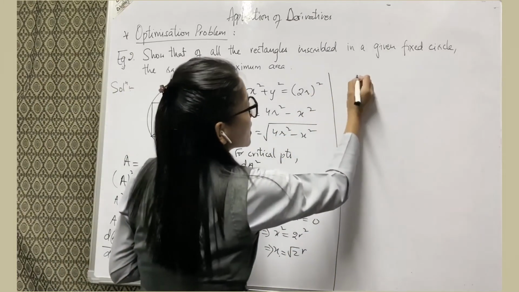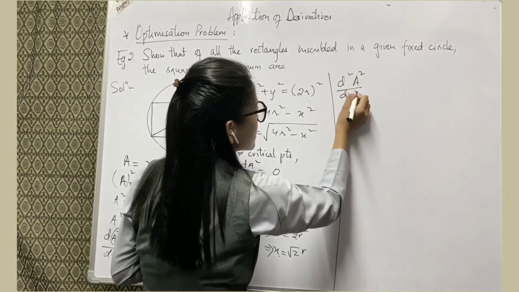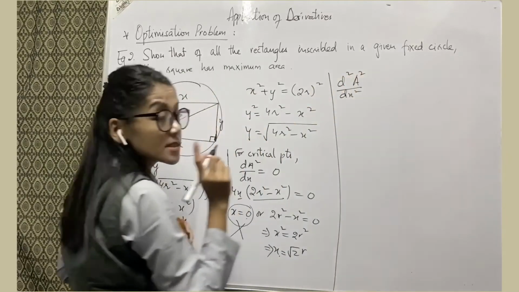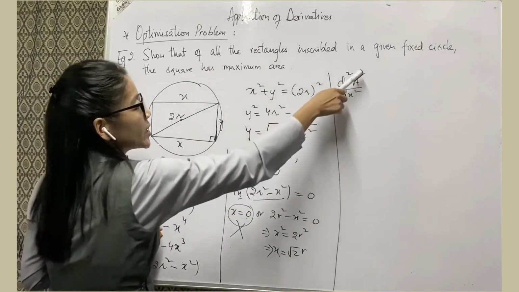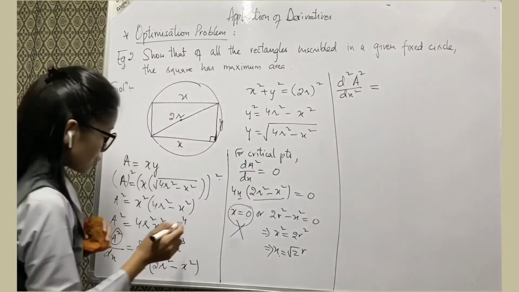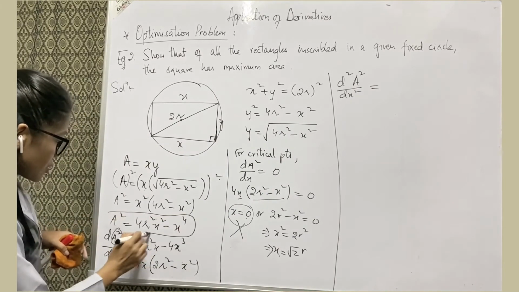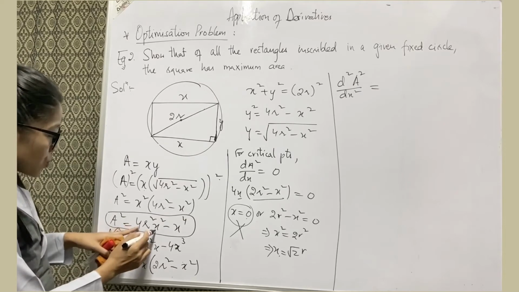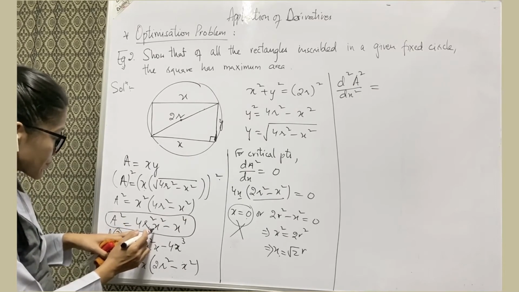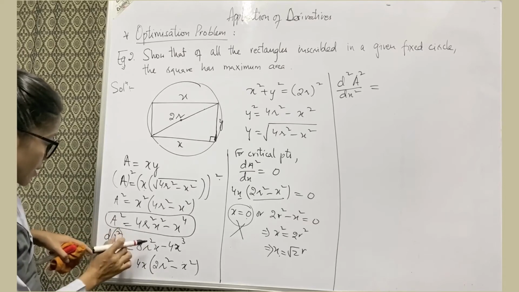This A squared is to be differentiated twice. A squared is just a quantity. So the second order derivative of A squared is equal to, now you have to differentiate this one.